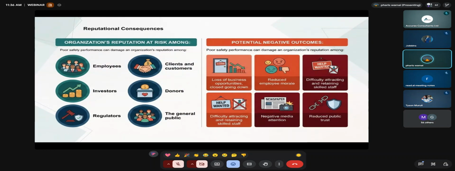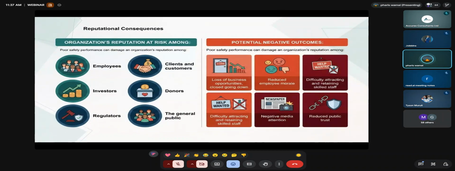You are able to pay the fines, you are able to pay the premiums, but one thing that is going to stick with you is the reputation. Not many people will want to work in an environment where there is always a potential that you're going to get harmed. So you are not able to attract the best talents or investors or clients or donors or even the general public.